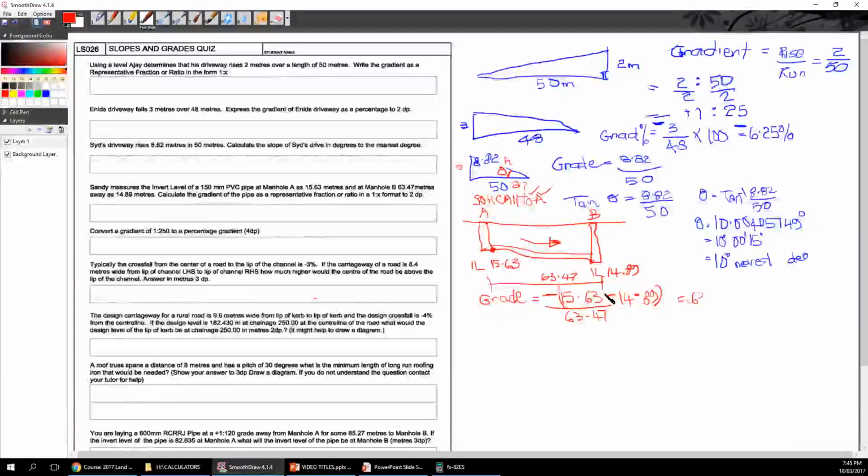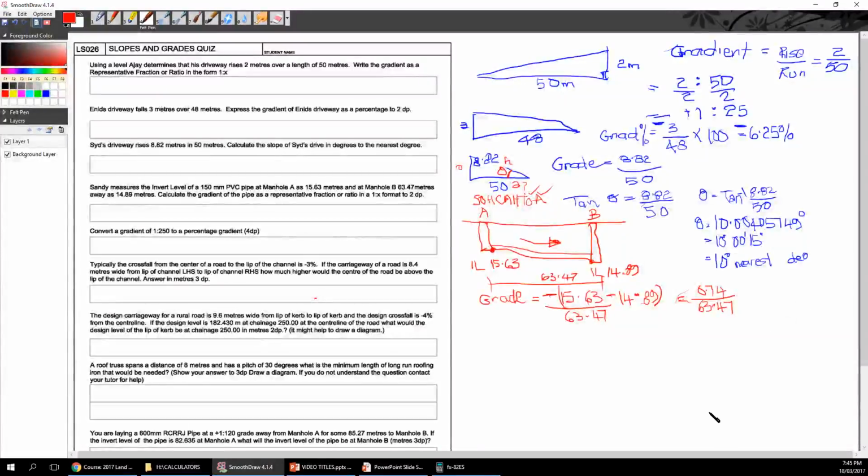Okay, so that equals 0.74 divided by 63.47.